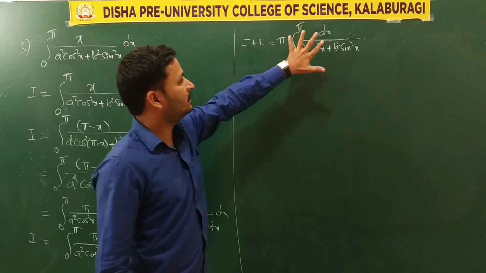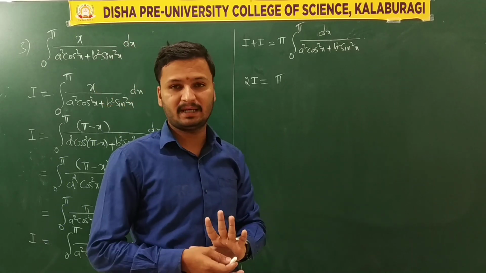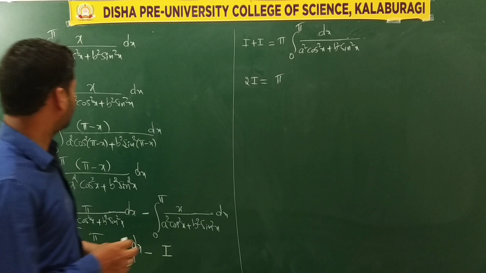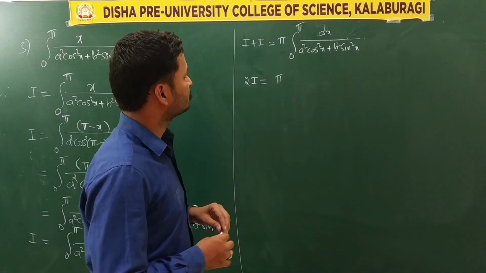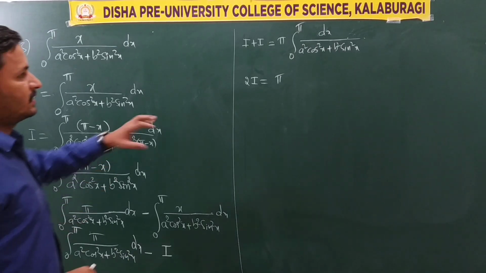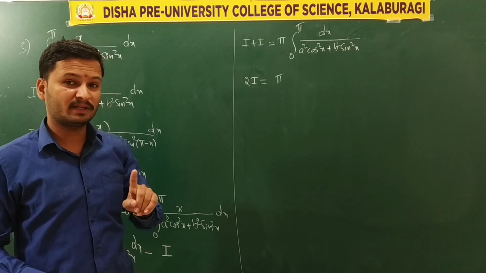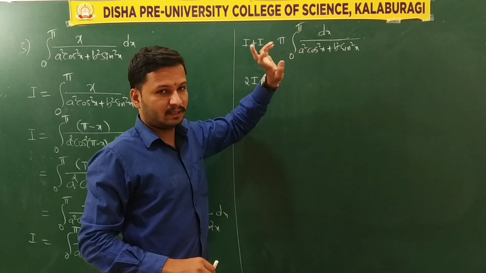So how can we write this total integral by using a property? Okay, wait a minute. Again, the same property number 7 applies: 0 to 2a.